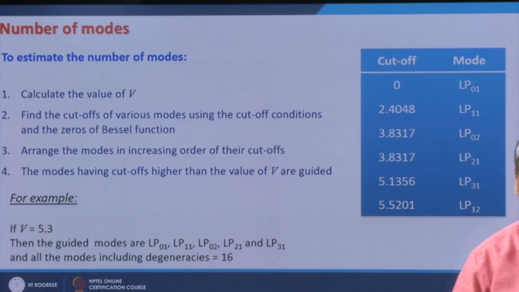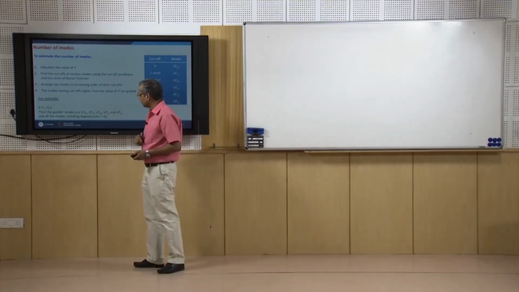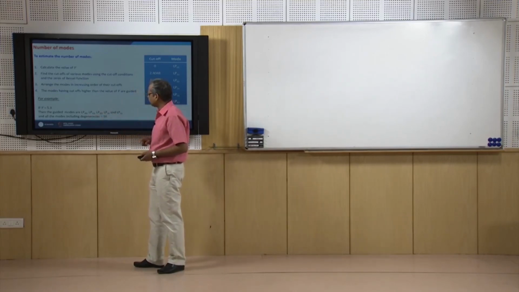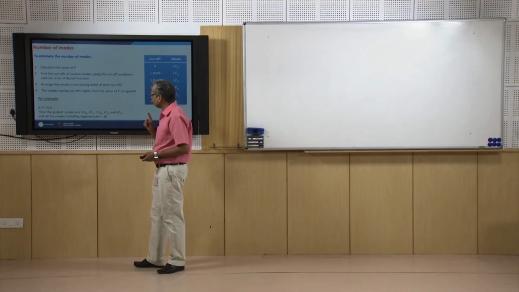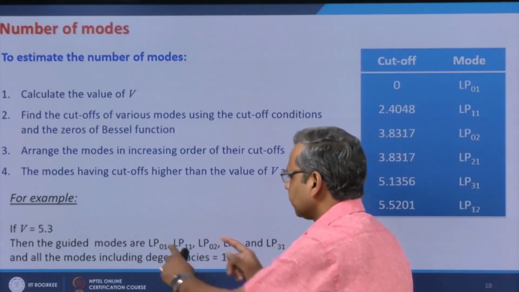I can also find out the total number of modes by including their degeneracies. I find that there are 2 modes which have L equal to 0, so they will be only 2-fold degenerate, so they comprise 4 modes.